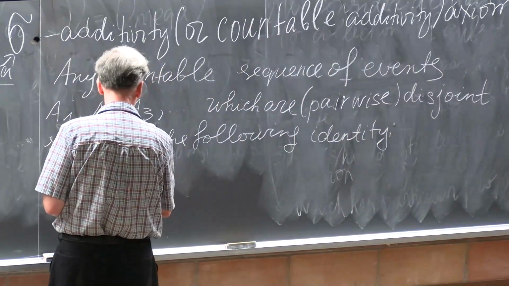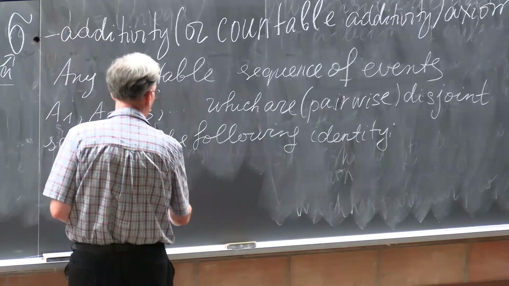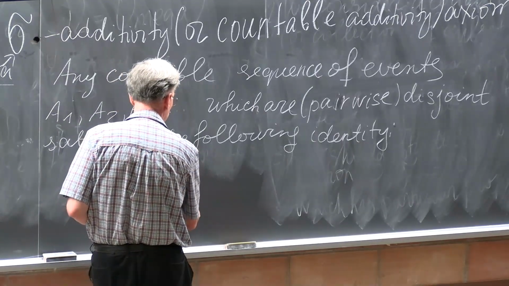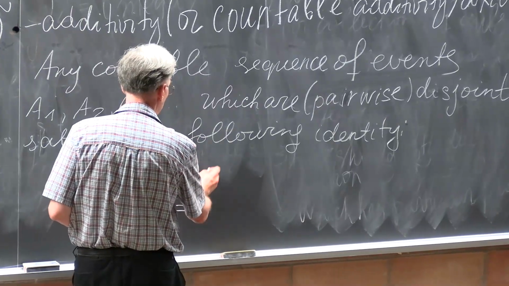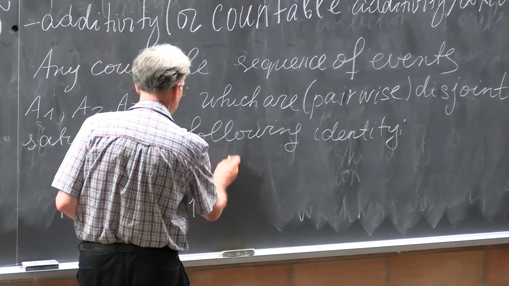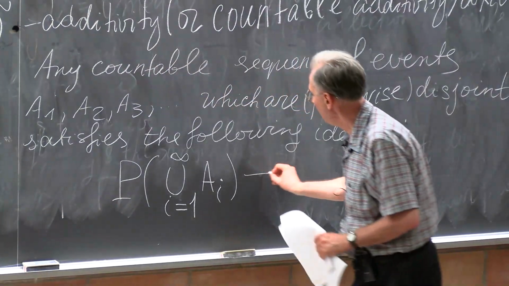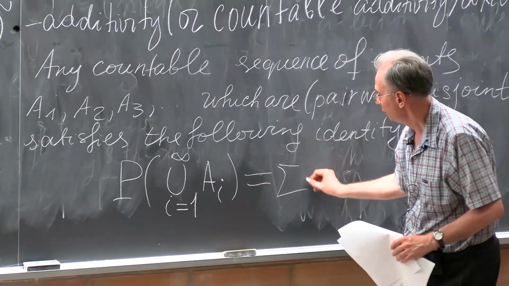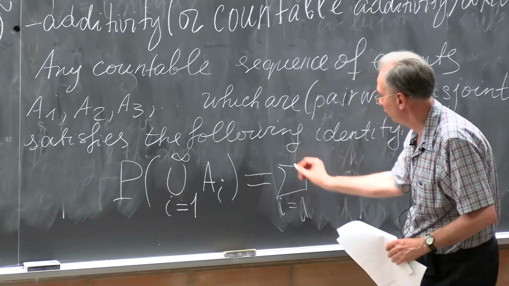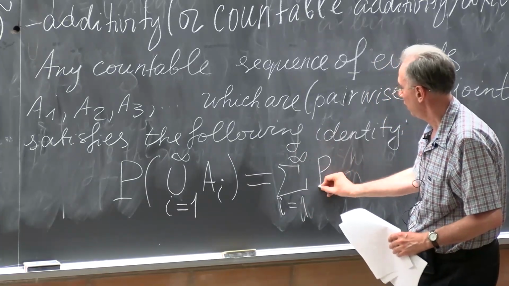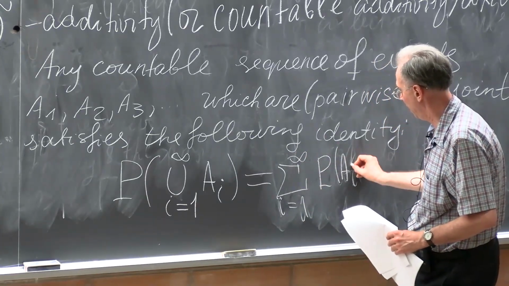Namely, probability of countable union over i from 1 to infinity of A_i equals the sum of their probabilities, P of A_i.